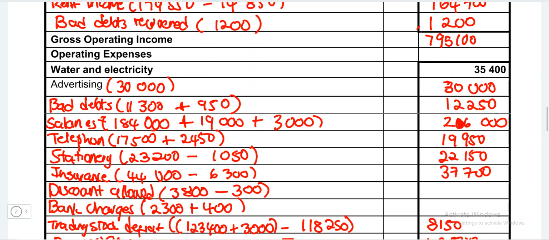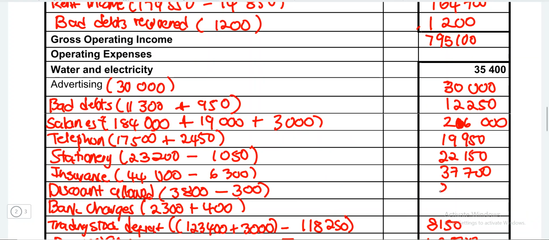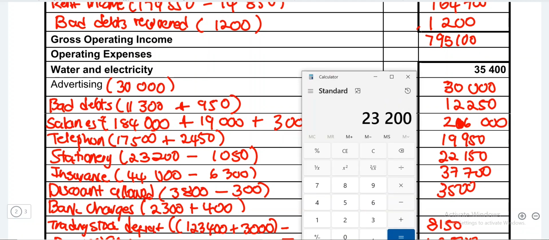Okay, and then next, when we say 3,800 minus 300, it is giving us 3,500. And then next we can say 2,300 plus 400, it is giving us 2,700.